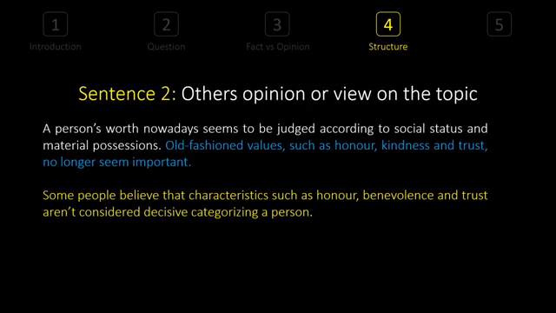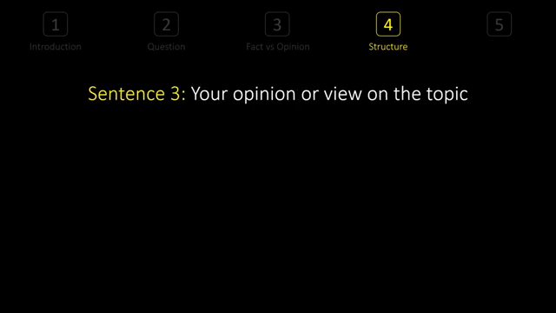These are not deciding factors of categorizing a person. This is called the second sentence, or a fact opinion-based statement. Some people believe this, and based on this, you're going to provide sentence 3, that is your opinion or view on this topic.